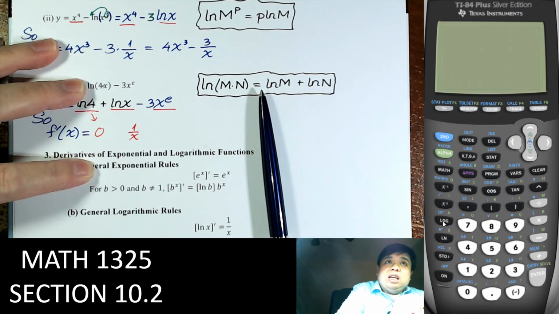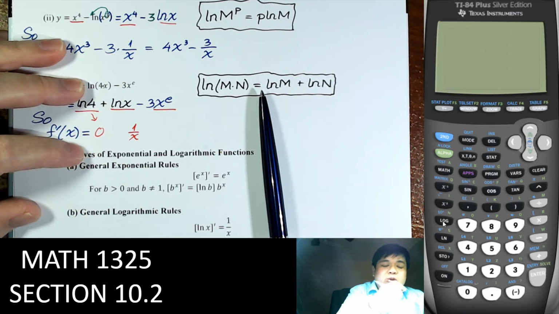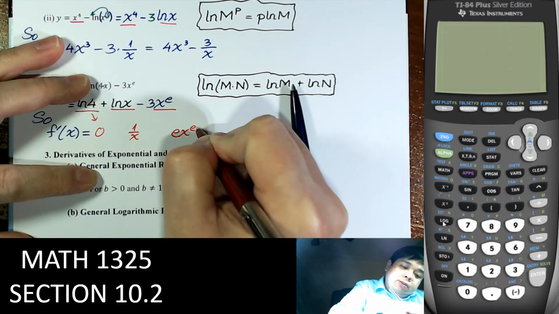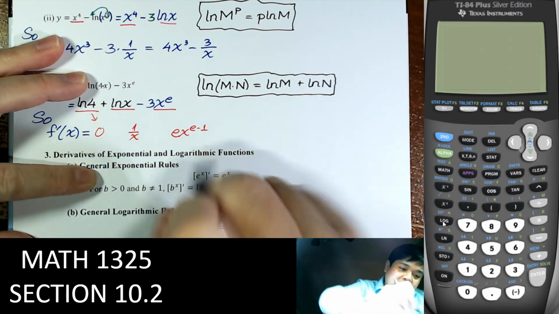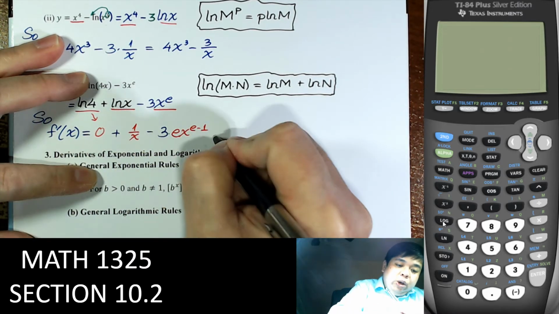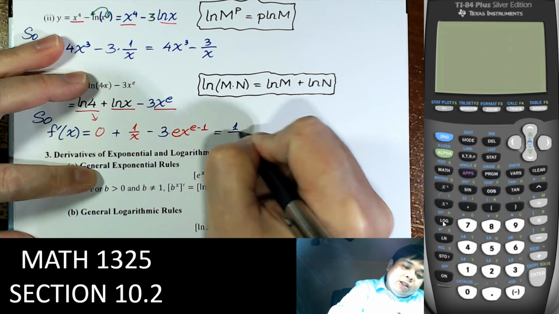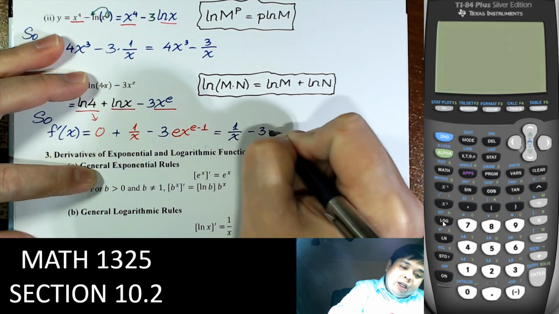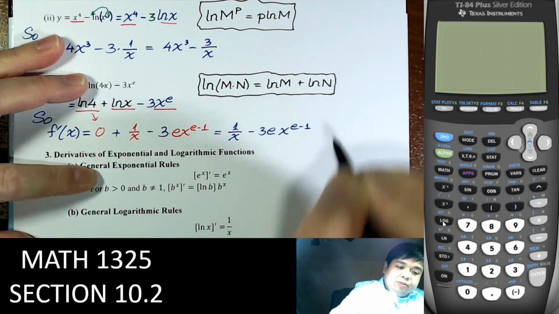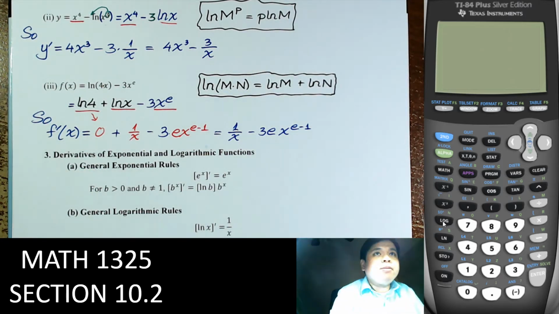Derivative of x to the e, not e to the x, x to the e, so this is just power rule, right? So we have 1 over x minus 3e times x to the e minus 1, right? So just like exponential function, derivative of e to the x only, or derivative of ln of x only.